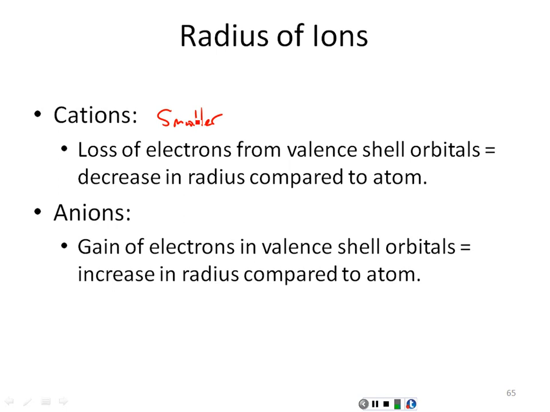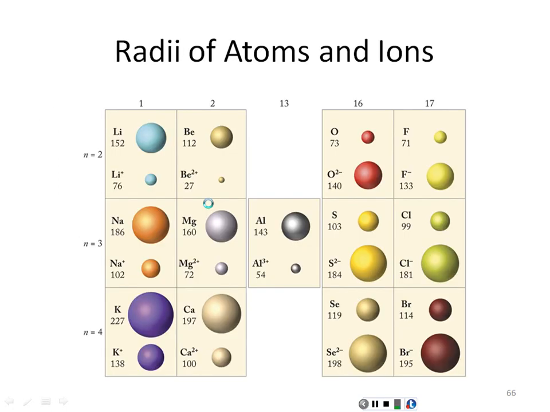An anion gains an electron, so it gains an extra negative charge. It still has the same positively charged nucleus, but it has more negative charge, so there's more shielding, and the electrons are held less tightly, so anions get larger than their neutral atoms. And we can see that in this figure.